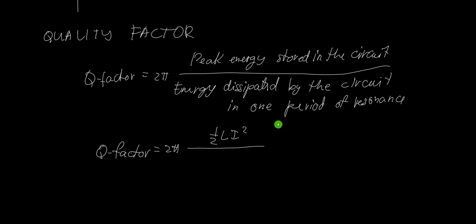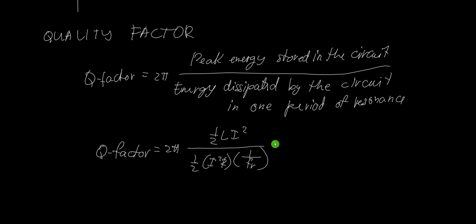The energy being dissipated in one period is just 1/2 of I squared, or this is half power, but we still need to multiply because this is one period of frequency, so we need to multiply it by 1 over f of r.